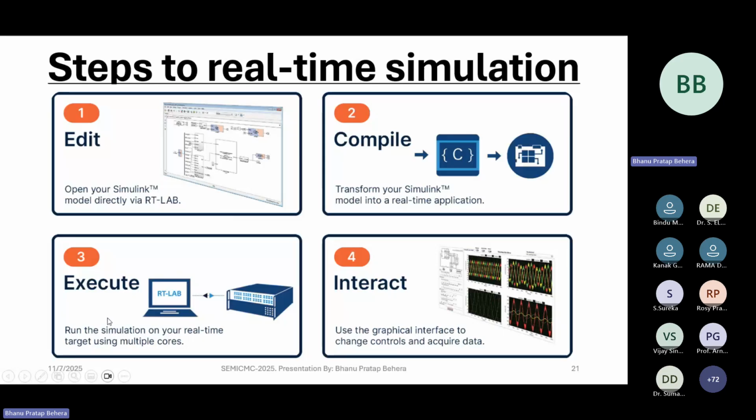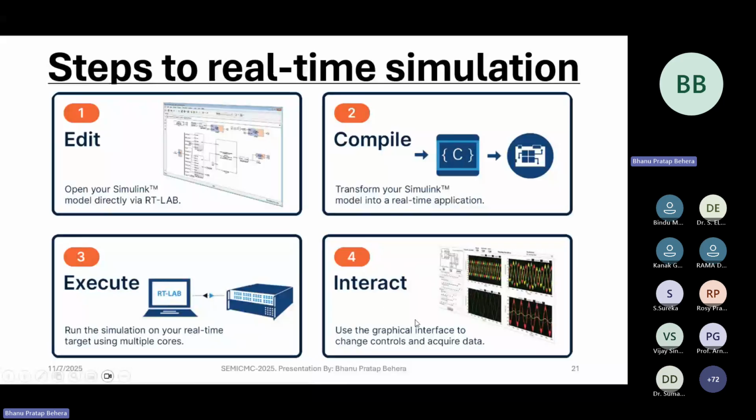In the execute, the C code will be transferred to the real-time targets, and the real-time targets will run that code within the time step given in the MATLAB simulation. After that, we can also interact in real time with whatever is happening inside the real-time simulator. We can see the voltage waveform and current waveform directly on the console section of the MATLAB model.